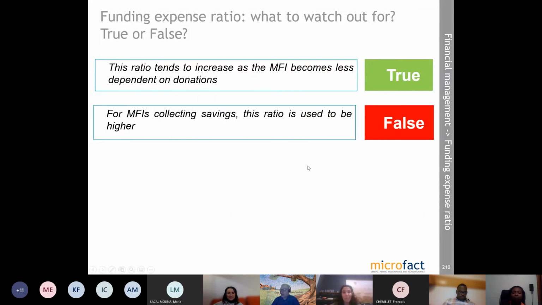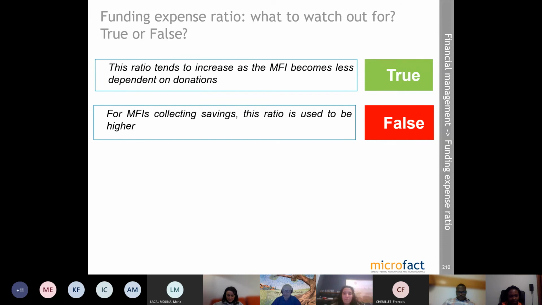Because when you mobilize savings, in general the interest rates paid on savings are normally lower compared to organizations who have only external borrowings.